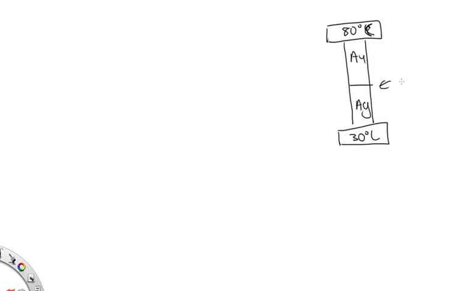We're asked what's the temperature here at the junction between them. We can look up in our table and see that the thermal conductivity of gold is 314 watts per meter per degree C, and that the thermal conductivity for silver is 427 watts per meter per degree C.